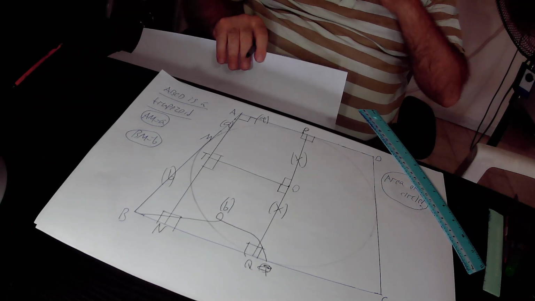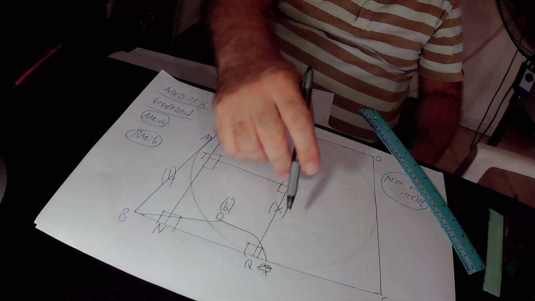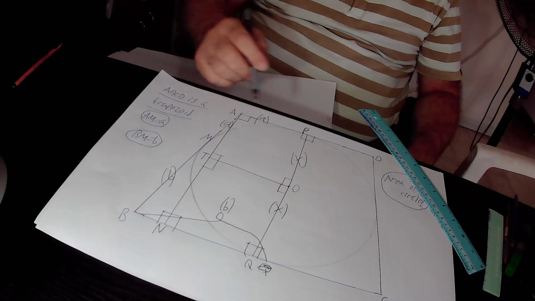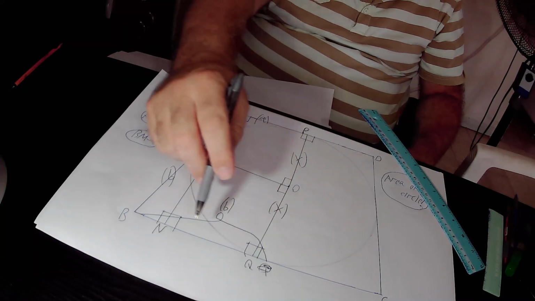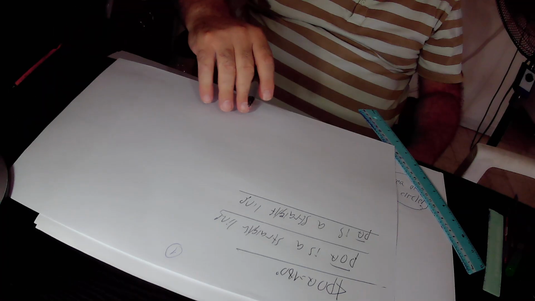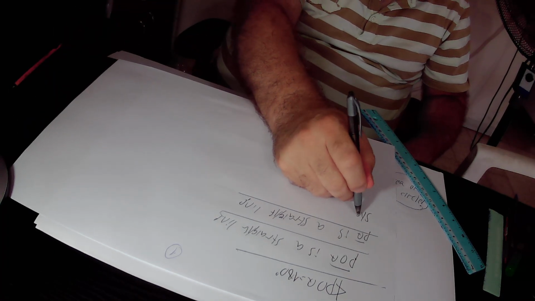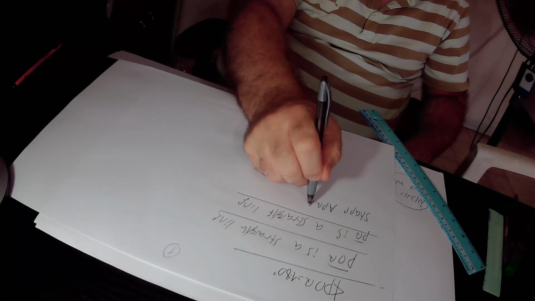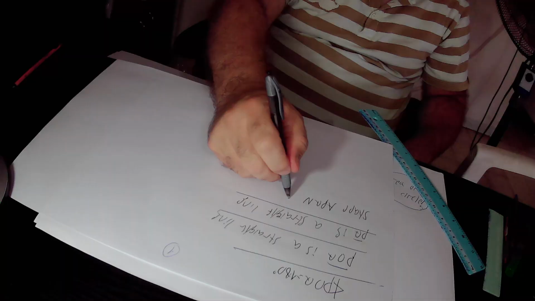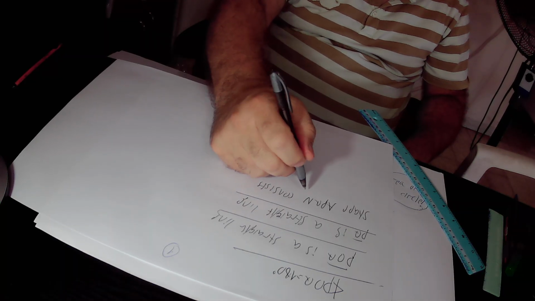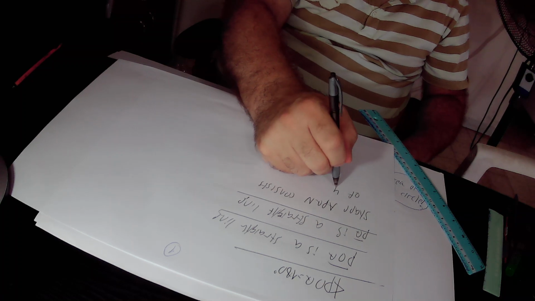So the shape APQN consists of 4 sides. 1, 2, 3, 4. So I write down: shape APQN consists of 4 sides.